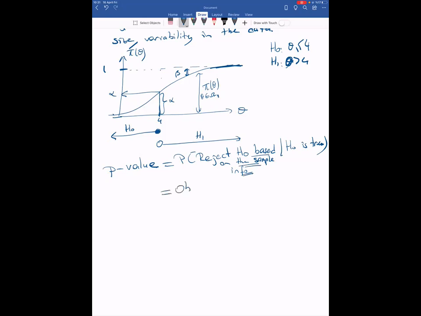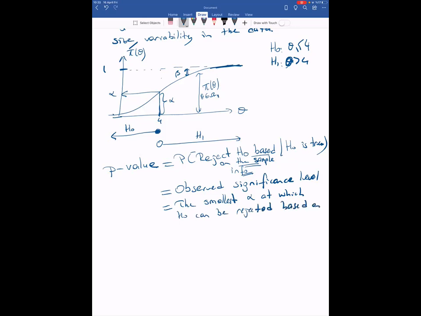So it is the observed significance level, or we can say it is the smallest alpha level at which H0 can be rejected.